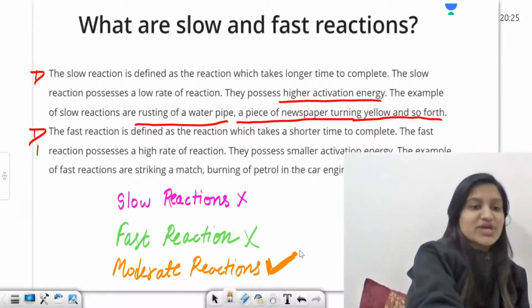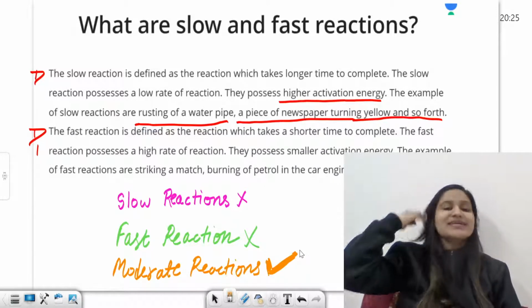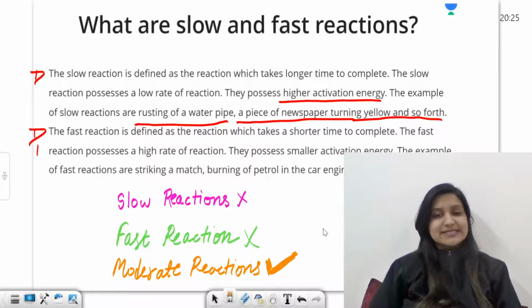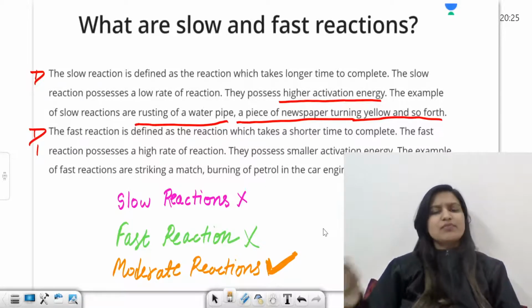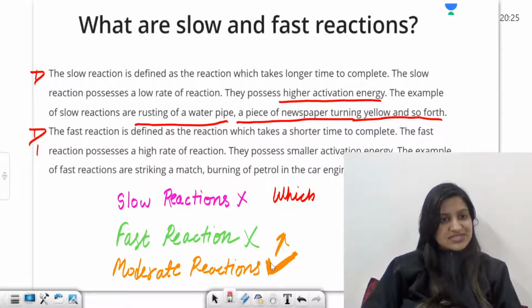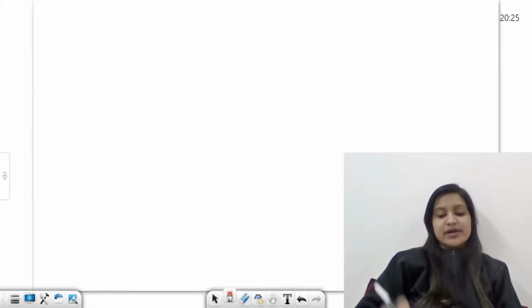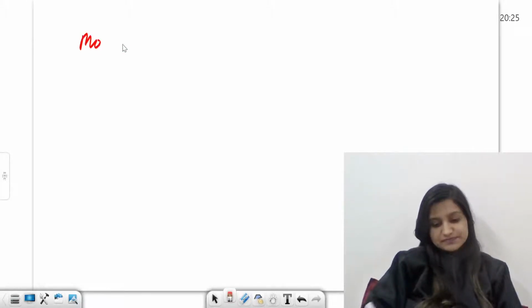Okay, so we are only interested in moderate reactions, which take place at moderate speed. Let's write. What are moderate reactions? Can you see it here? You can't. Okay. So let's write what are moderate reactions.